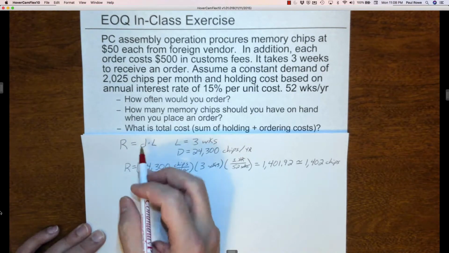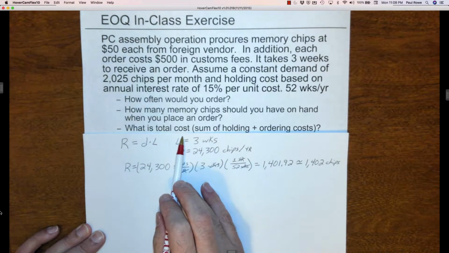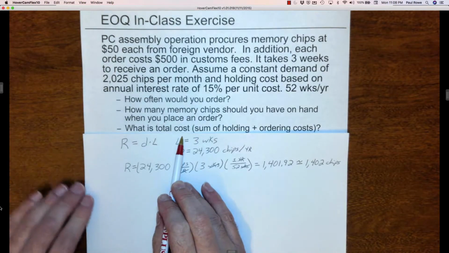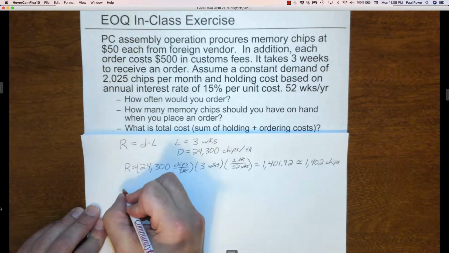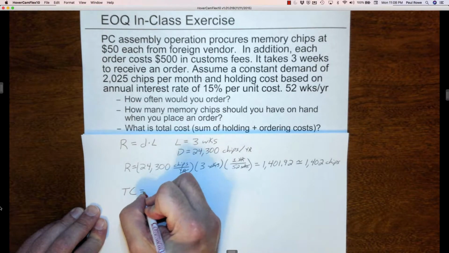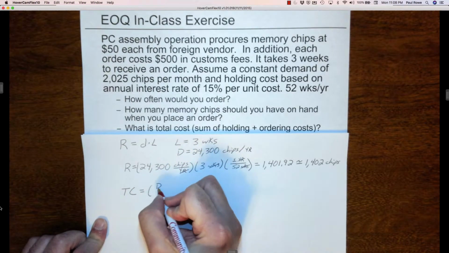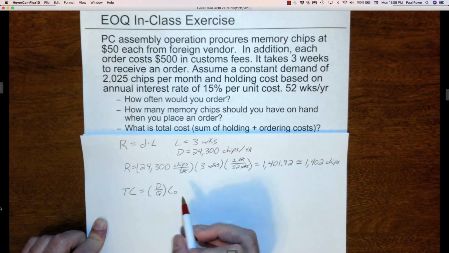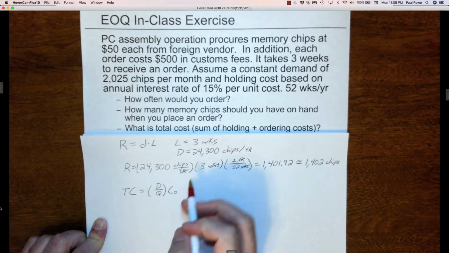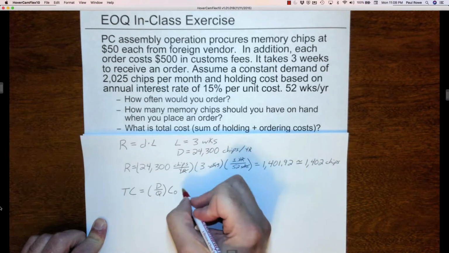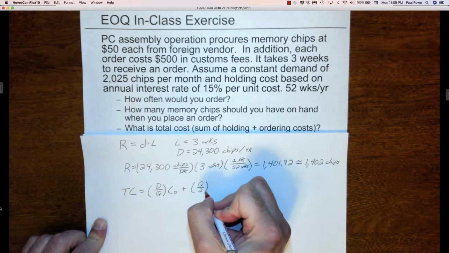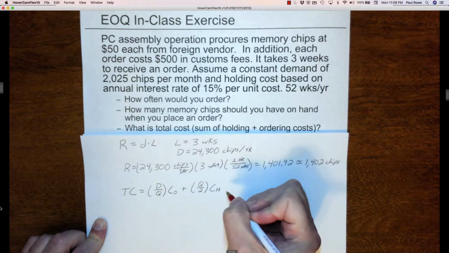And the third question is, what is the total relevant annual cost, which would be the sum of the holding and ordering costs. So we know that our total cost formula is equal to D over Q times our cost of ordering. So we have our ordering cost here, and then our holding cost is going to be our average inventory level, Q over 2, times our holding cost.